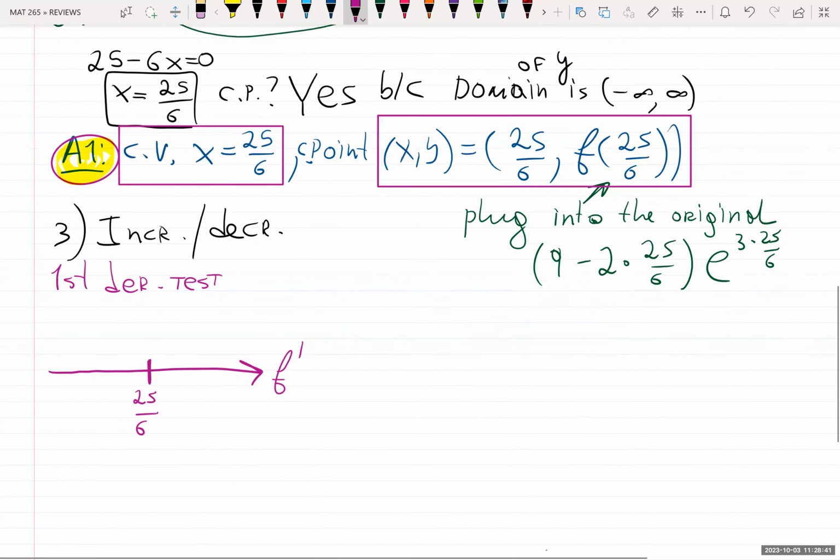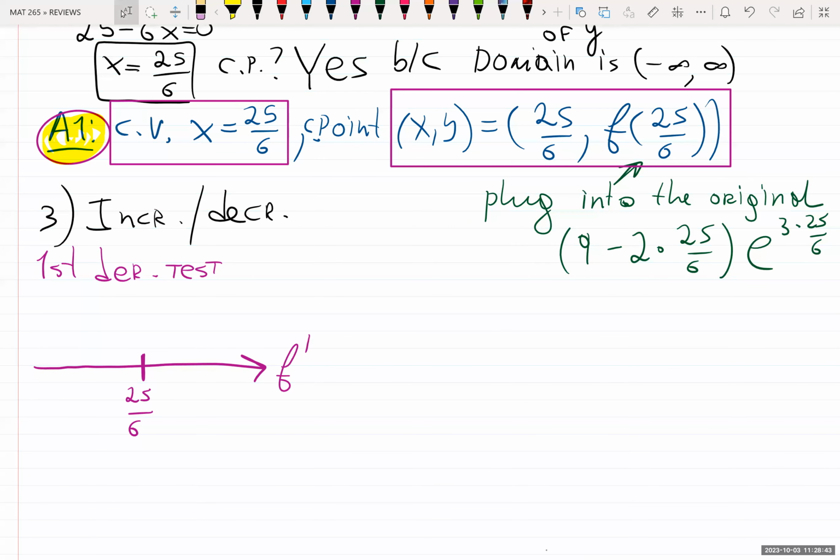The critical point divides the behavior of the original function into two universes, basically, before and after this point. And then remember, if the derivative is positive, the original function is increasing. If the derivative is negative, the original function is decreasing. If it's hard for you to remember, what are we looking at?